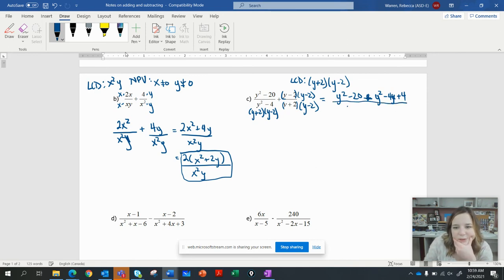All of that is over our common denominator of y plus 2, y minus 2. I'm going to state my non-permissible values before I start canceling things. So my non-permissible values are y can't equal plus and minus 2. Combine like terms, y squared plus y squared is 2y squared minus 4y, and minus 20 plus 4 is minus 16.